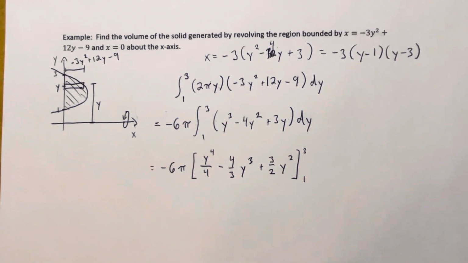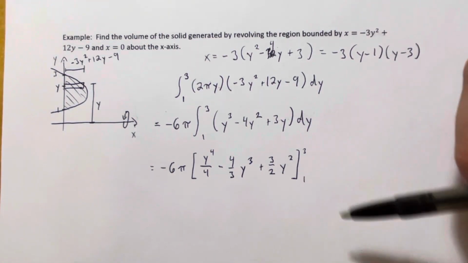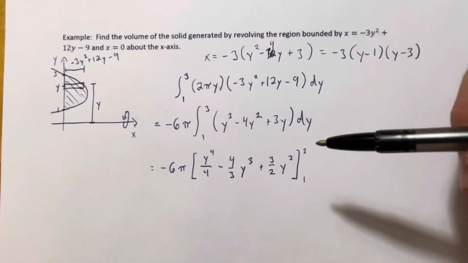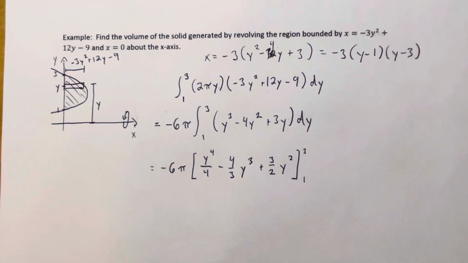Now, I'll write out the next step, but I want to point something out here. As we progress through this course, when we have integrals that involve a lot of arithmetic and adding and subtracting fractions and stuff like that, my expectation is that you are only at this level because that stuff should be really old news for you.